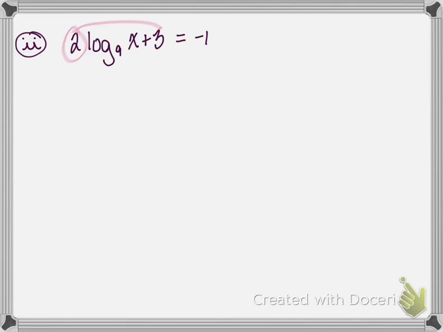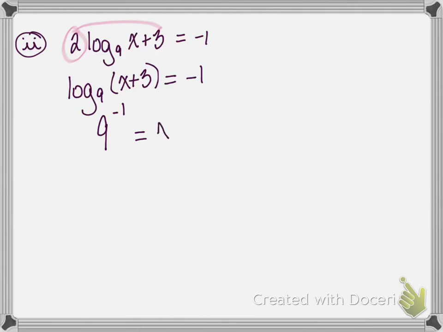So I'm going to rewrite this as log base 9 of x plus 3 equals -1. Now I can write this as a single exponent. So I'm going to have 9 to the -1 equals x plus 3.